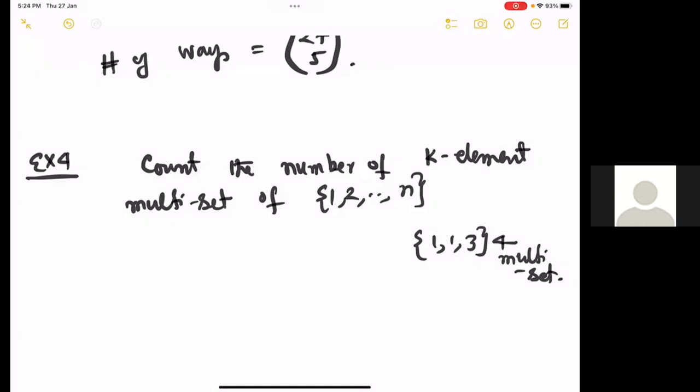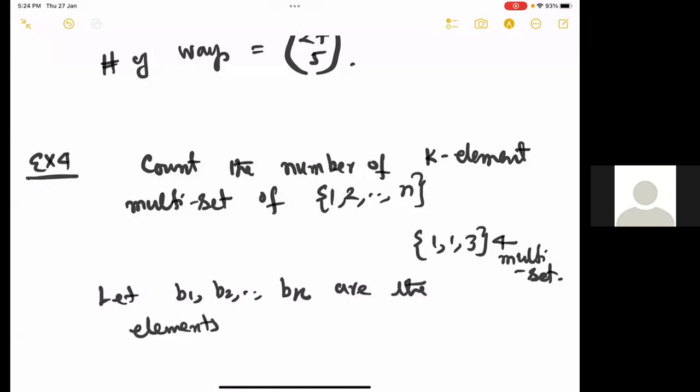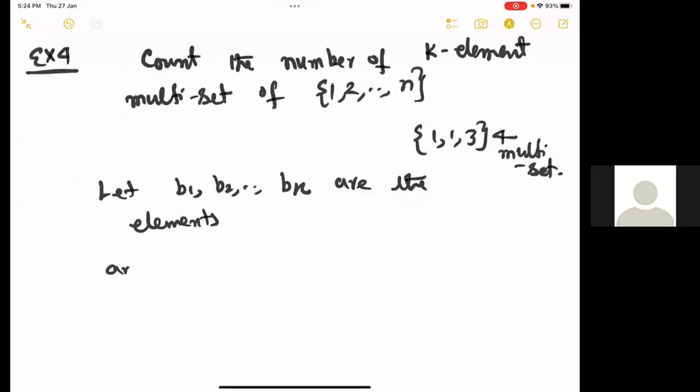So just as before, let b1, b2, ..., bk be a k element multiset without such nullity.